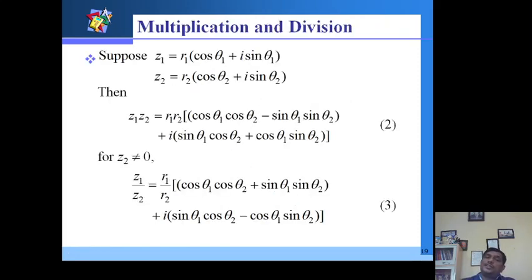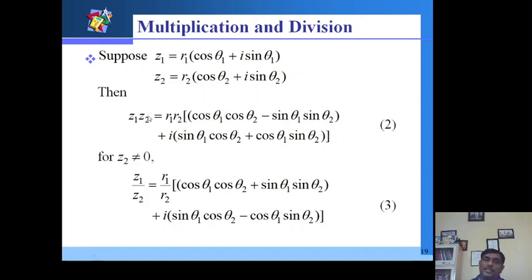Now we will discuss the polar form with multiplication and division. Suppose you take two complex numbers in polar form, z1 = r1(cos theta1 + i sin theta1) and z2 = r2(cos theta2 + i sin theta2).